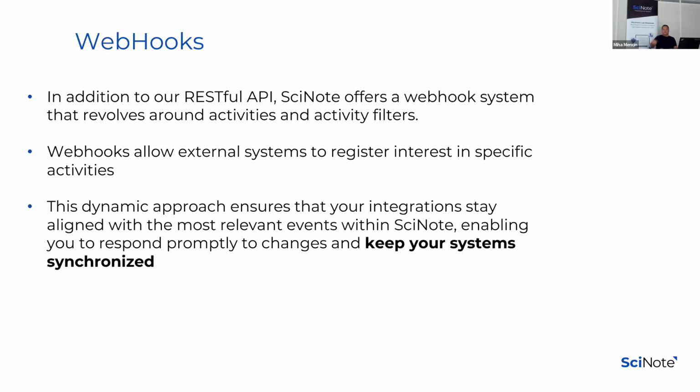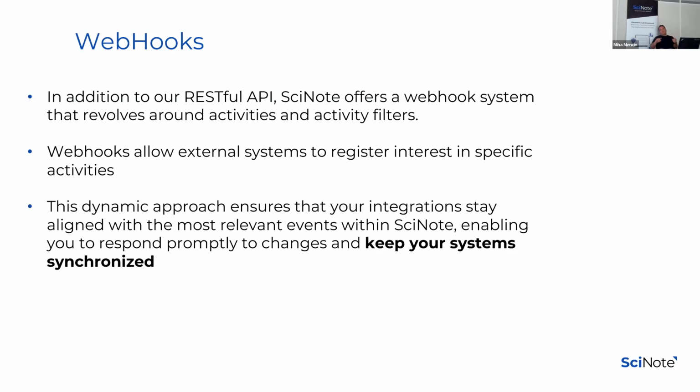You need to call it and say, okay, give me the list of the projects, or create a new project, or give me this specific project. And usually this is not the best approach to see if something new is happening in SciNote. Traditionally you would read a list of projects, see the latest changes, and then do something with those changes.